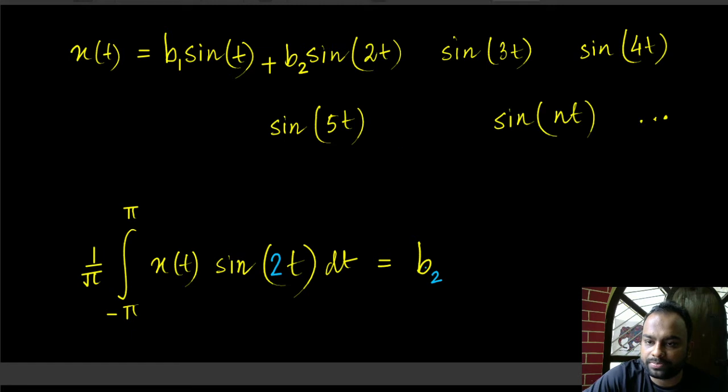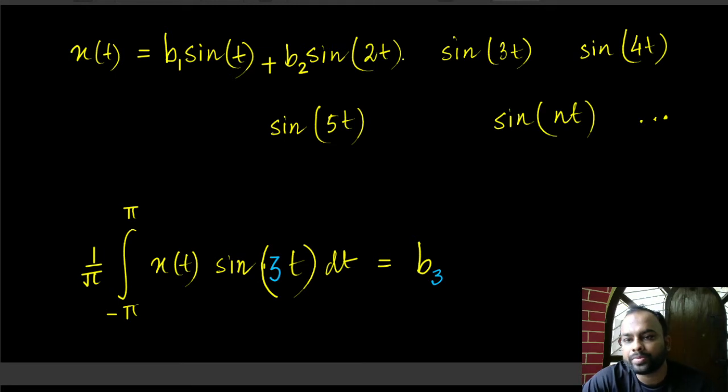In a similar way, if I multiply the signal with sin 3t and do the same integration, and the result is b3, then I can happily say that this signal has a 3 radian per second sinusoidal component that has an amplitude of b3.